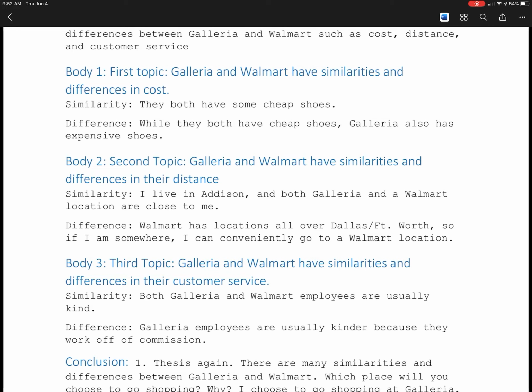If I happen to be in Fort Worth or Denton or another part of Dallas, there are Walmarts everywhere. So if I'm traveling for work or visiting friends, then Walmart is convenient and there's always a location that's close to me. So I can talk about that in my second paragraph. Remember to have at least one similarity and at least one difference in 5 sentences.